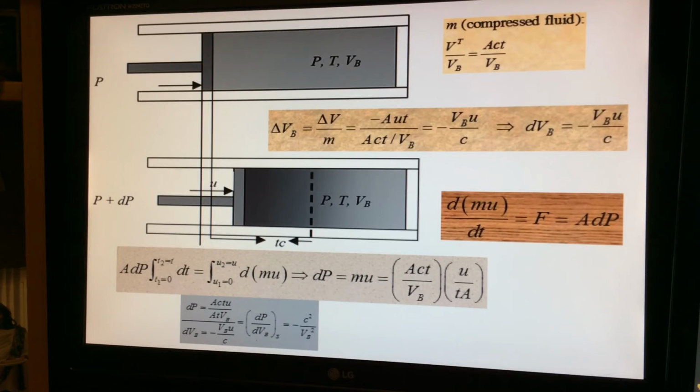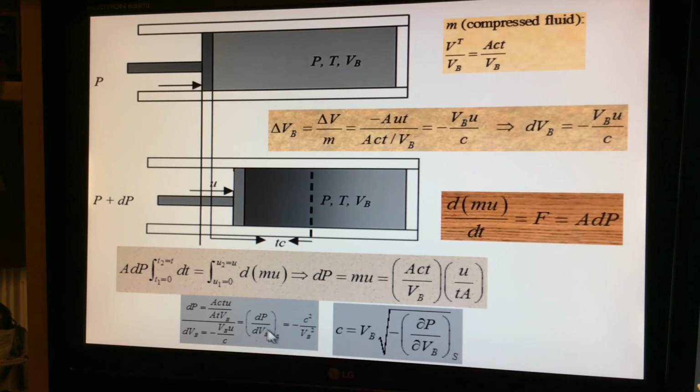And if there's no heat transfer, then the process has to be adiabatic. Adiabatic processes are characterized by a constant entropy, and hence we put the entropy to be constant down here. So this is now the speed of sound equation that we'll be utilizing.